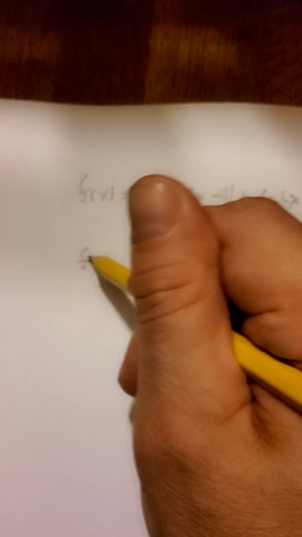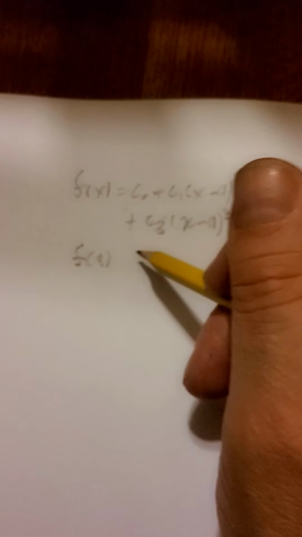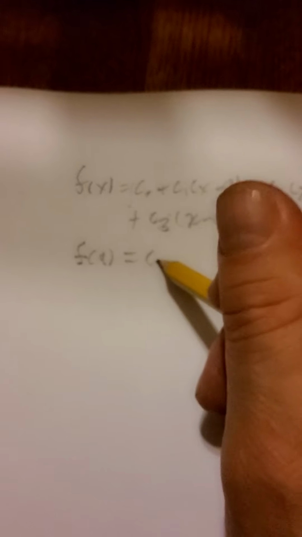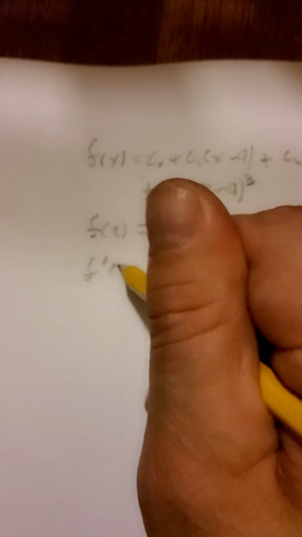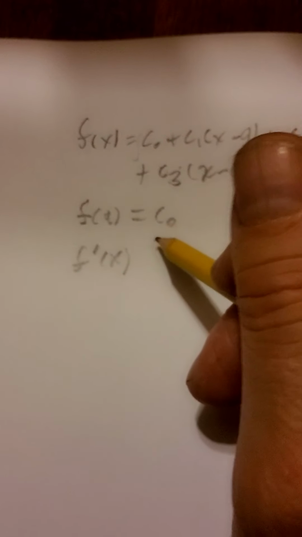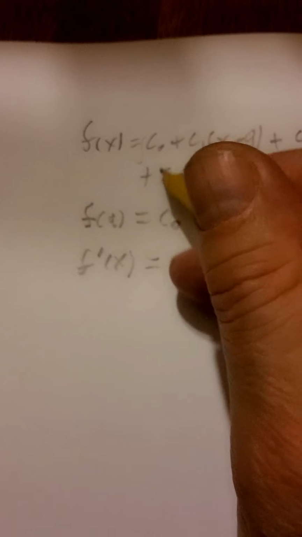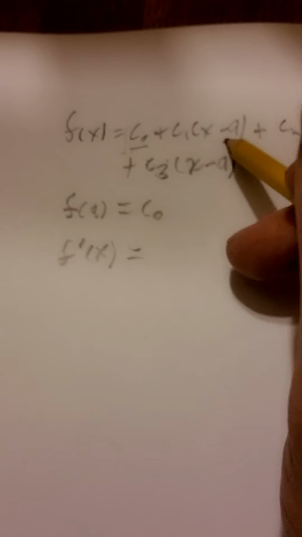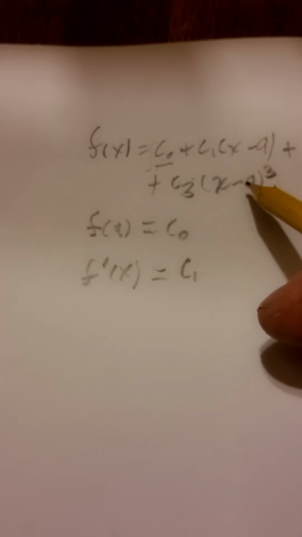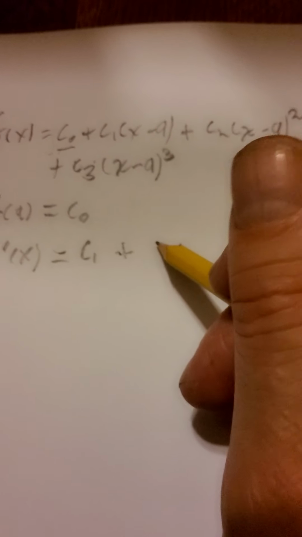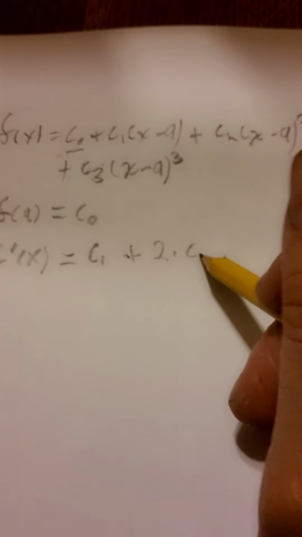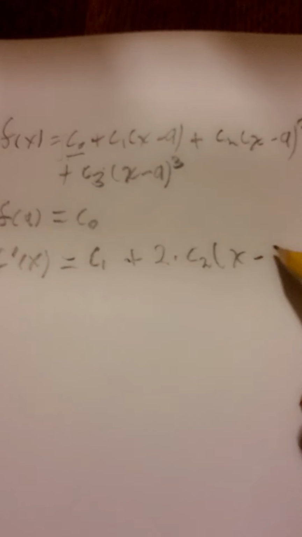Okay, the first thing you need to do is look at f of a. Okay, f of a is going to give c naught. Okay, and then take the first derivative with respect to x, and that's going to get rid of c naught here, and you will have c1, plus 2 times c2 times the quantity x minus a.